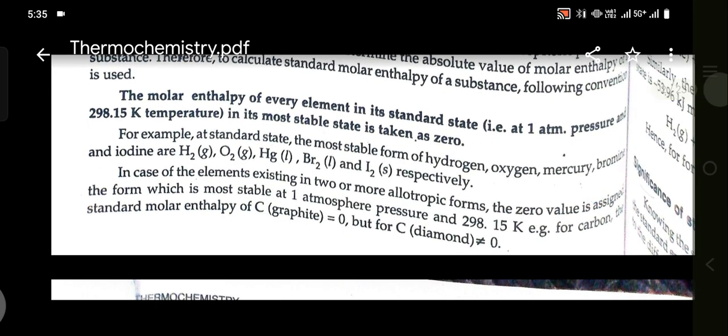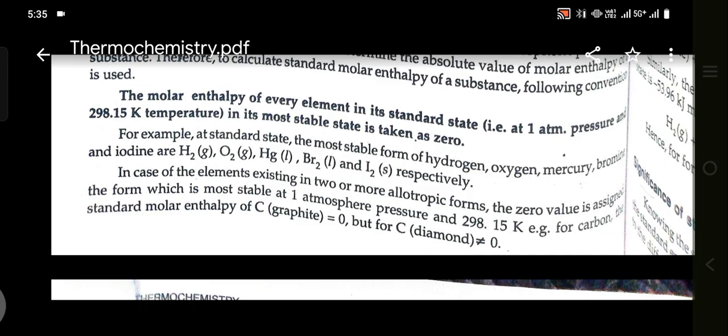For example, at standard state, the most stable forms of hydrogen, oxygen, mercury, bromine and iodine are H2 gas, O2 gas, Hg liquid, Br2 liquid, and I2 solid, respectively. In case of elements existing in two or more allotropic forms, the zero value is assigned to the form which is most stable at 1 atmosphere pressure and 298.15 Kelvin.